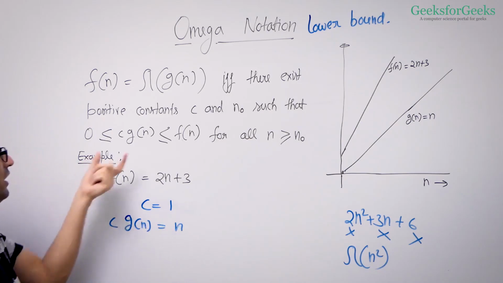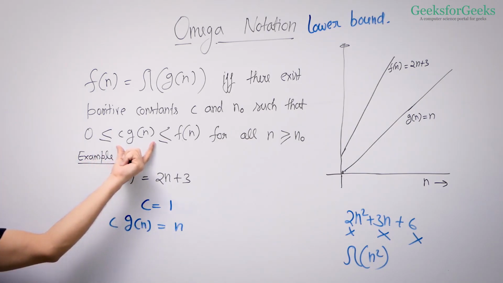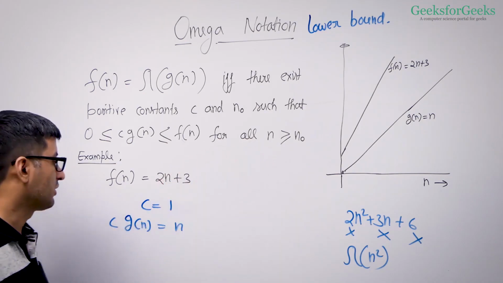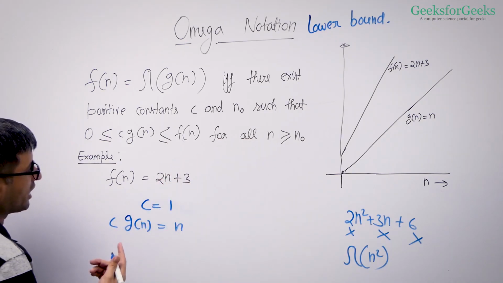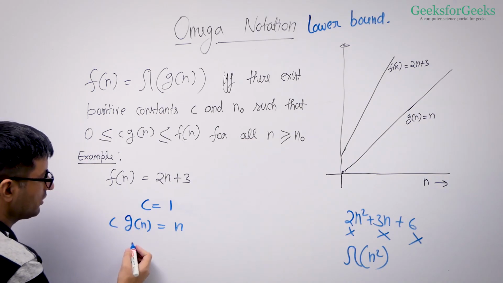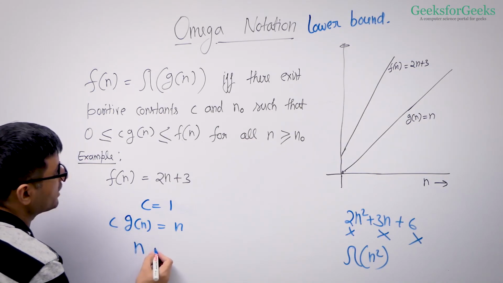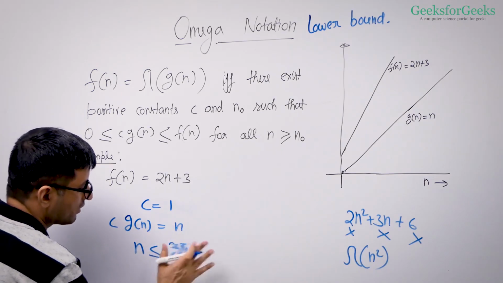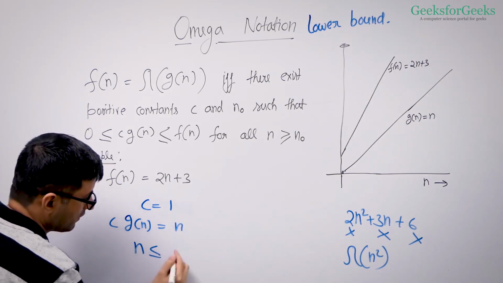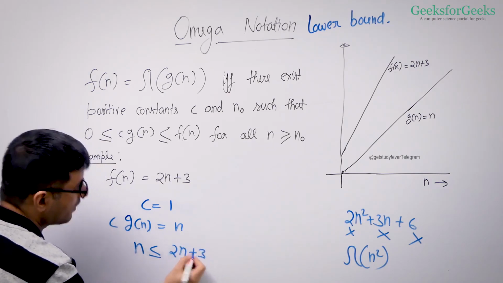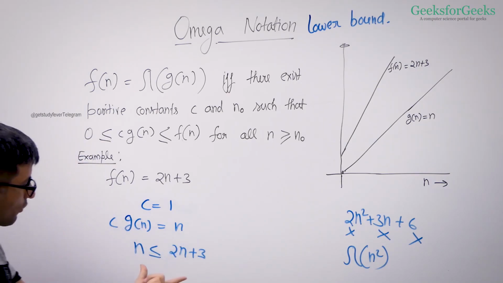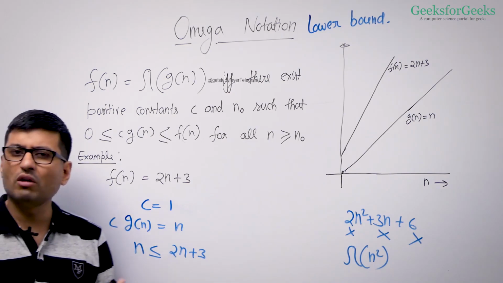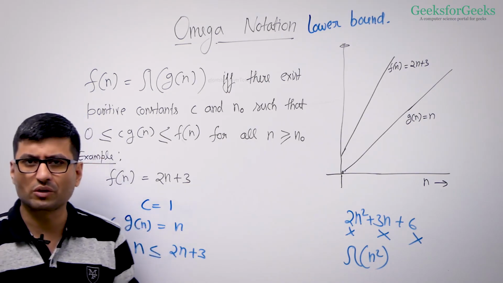n, right? And we want to show that this is smaller than or equal to f(n) for all values of n greater than or equal to n naught. Let's try to find out n naught. So what do we want to show? We want to show that n is smaller than or equal to f(n), which is 2n plus 3, right? So for what values of n will it be smaller than this? For all values which are greater than or equal to 0, right?